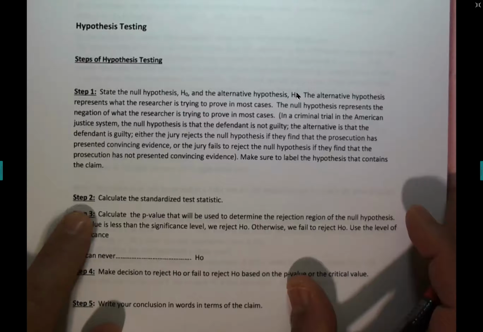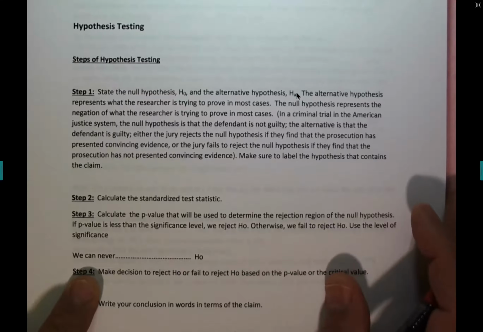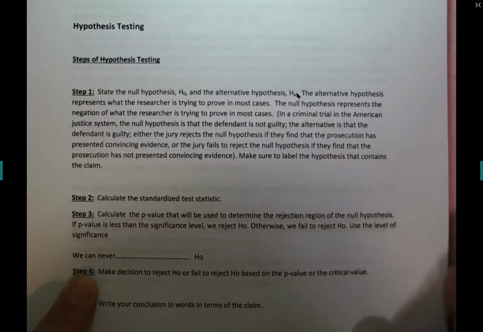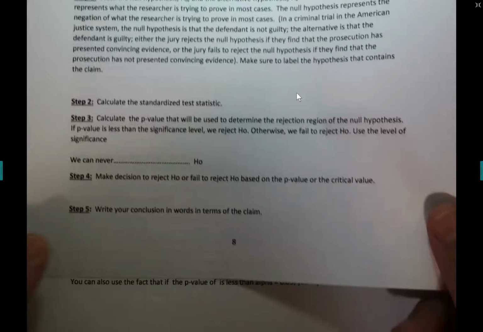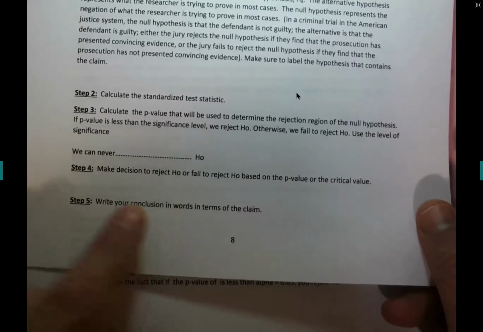I'm going to do the work by hand first, and then I'm going to show you how to use the calculator right after. Then step 4, guys, once you find the p-value, compare it with alpha. If the p-value is less than alpha, you reject the null hypothesis. If the p-value is more than alpha, you fail to reject the null hypothesis. And the last step, guys, write your conclusion in words in terms of the claim.